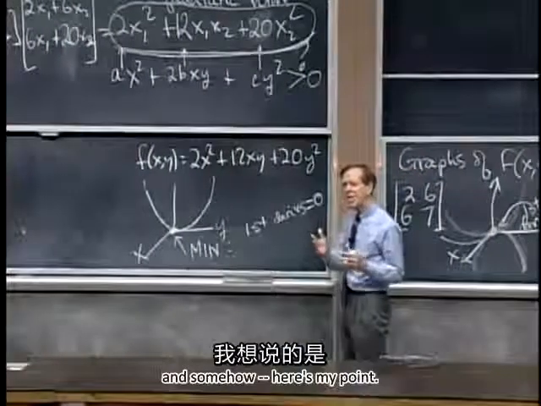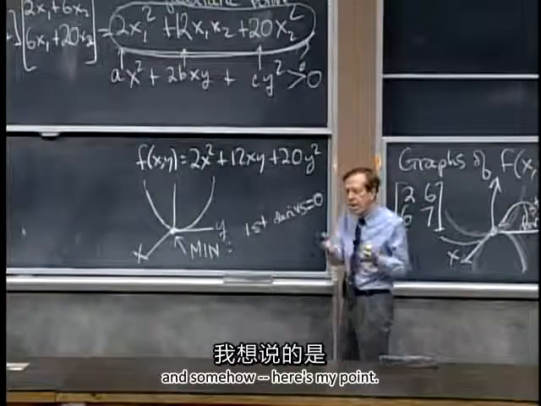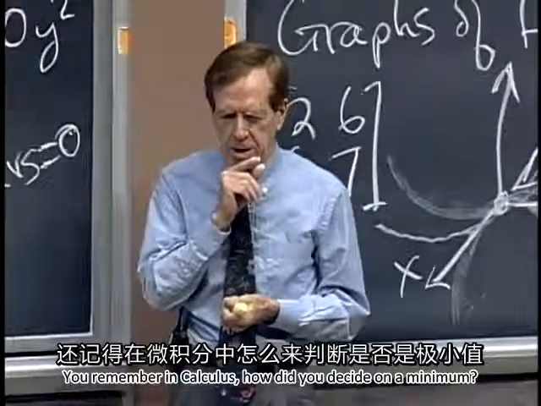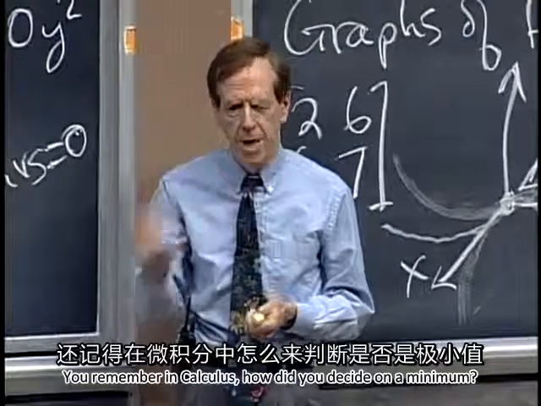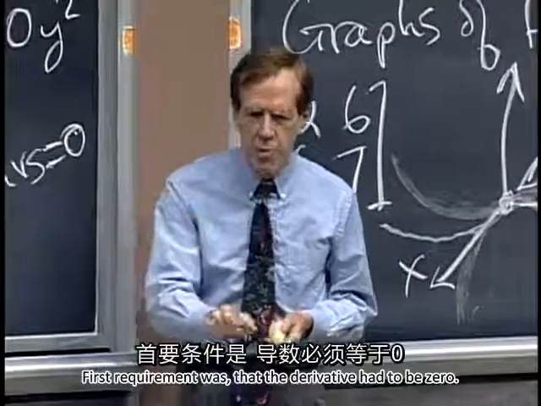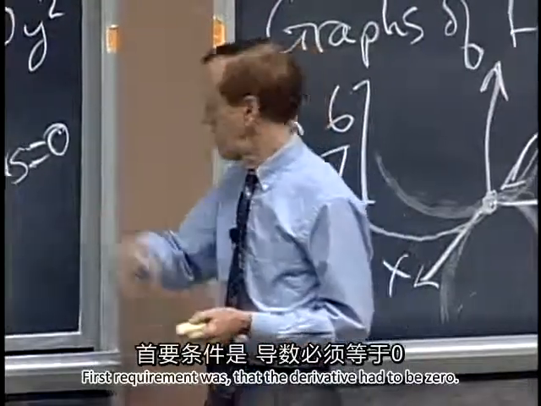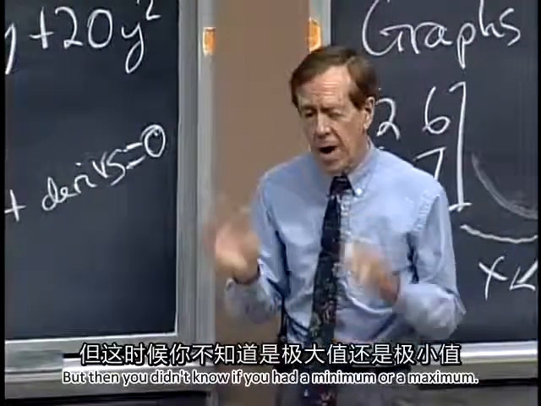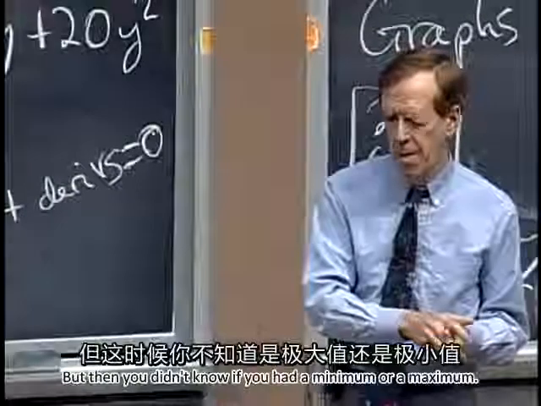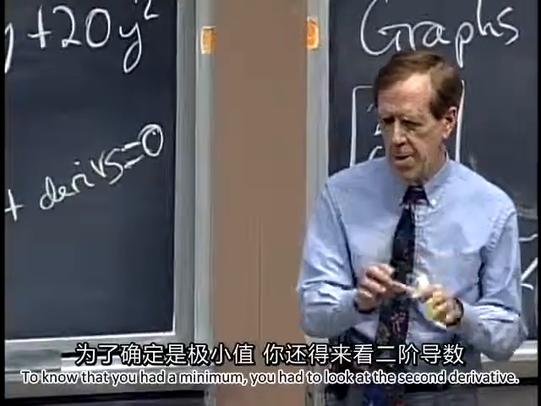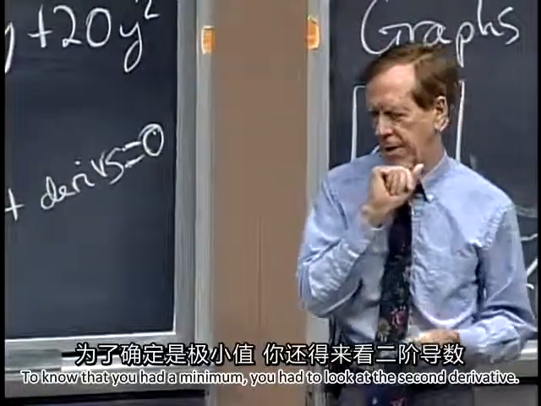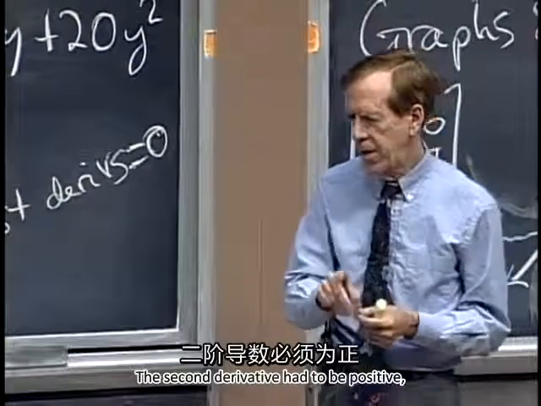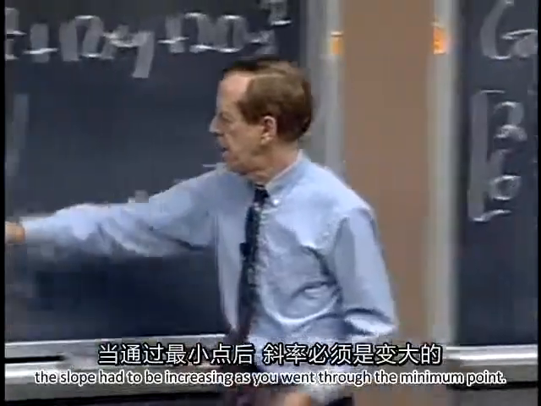And somehow, here's my point. You remember in calculus, how did you decide on a minimum? First requirement was that the derivative had to be 0. But then you didn't know if you had a minimum or a maximum. To know that you had a minimum, you had to look at the second derivative. The second derivative had to be positive.